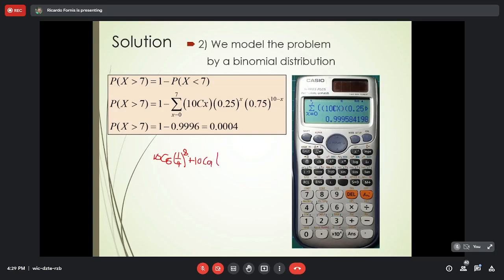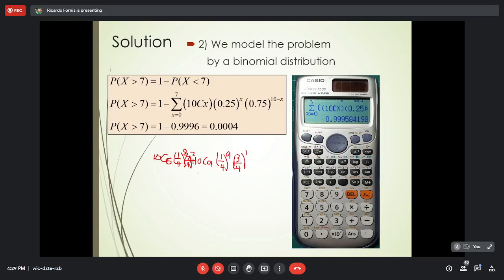Sorry, I'm missing the 3/4 to the power 2. Then plus 10 combined 9, then 1/4 power 9, times 3/4 power 1.